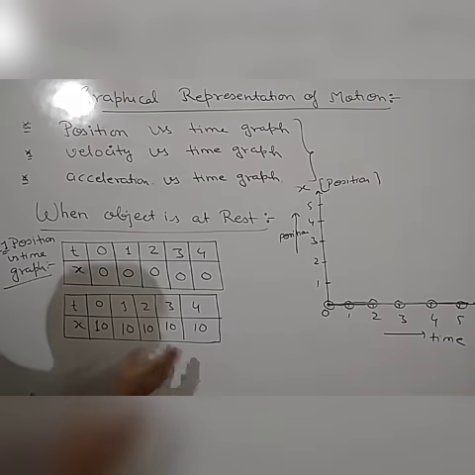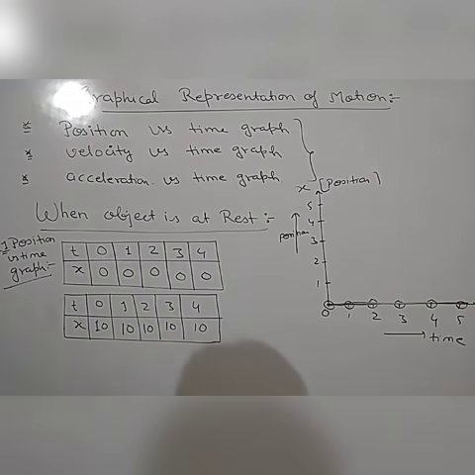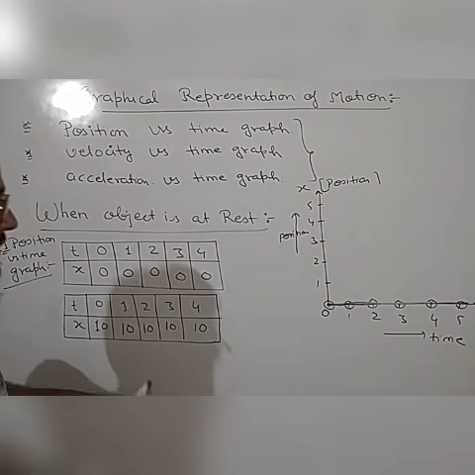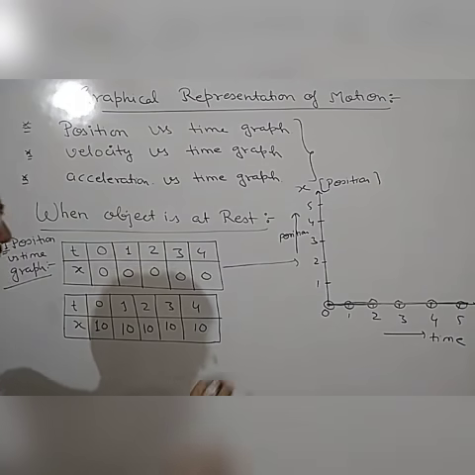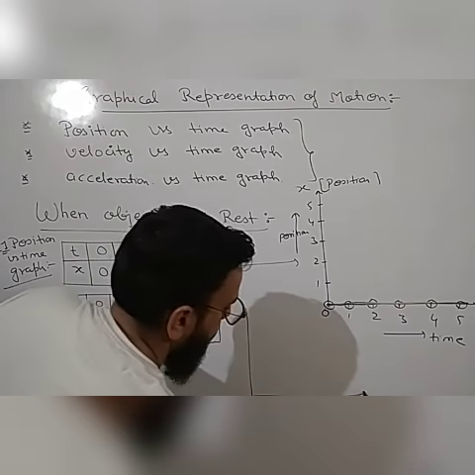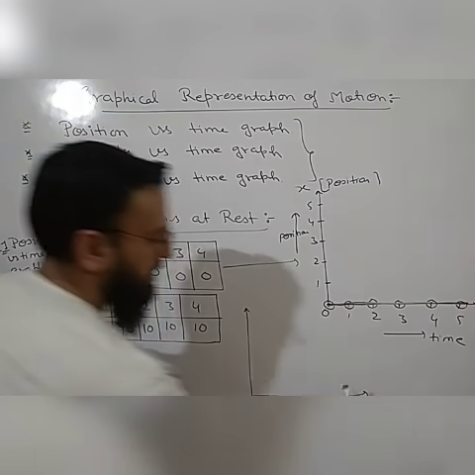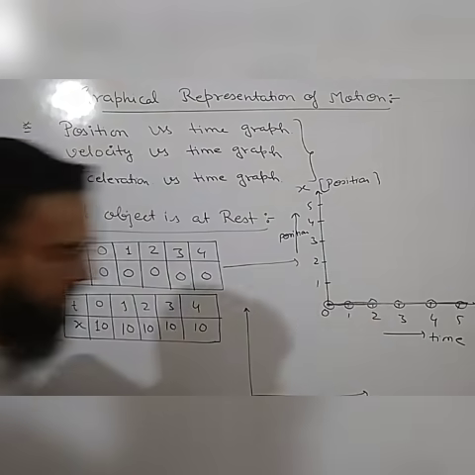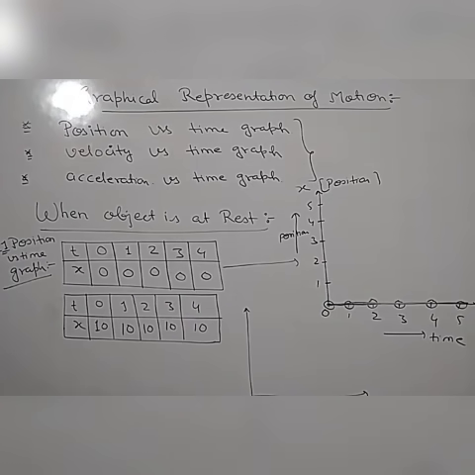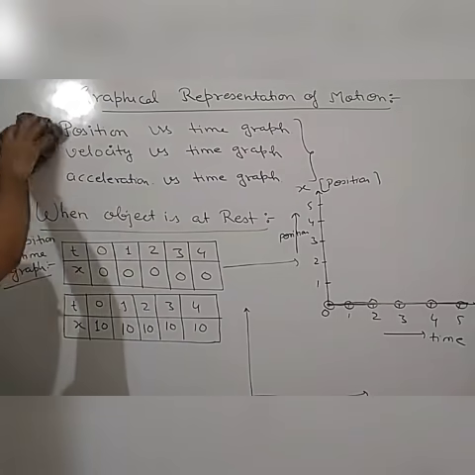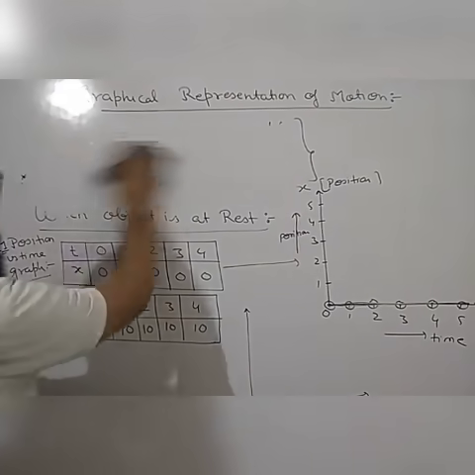Now we have to draw the graph of this. First I drew the graph of the earlier case, and now I am going to draw the second graph. Let us consider an x-axis and y-axis, where the x-axis represents time. It is not visible, so I will draw the graph here.